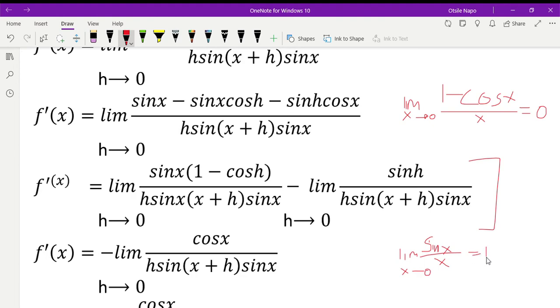Therefore, looking into our limits here, we are going to find these special limits.